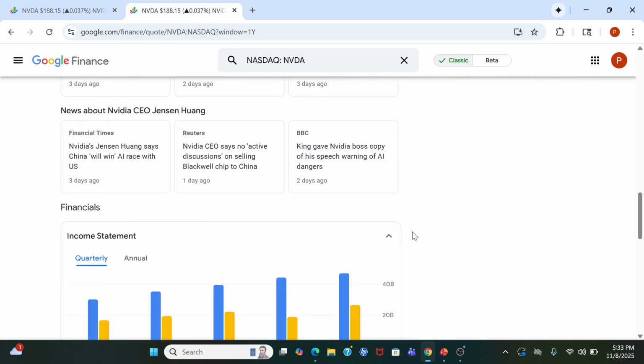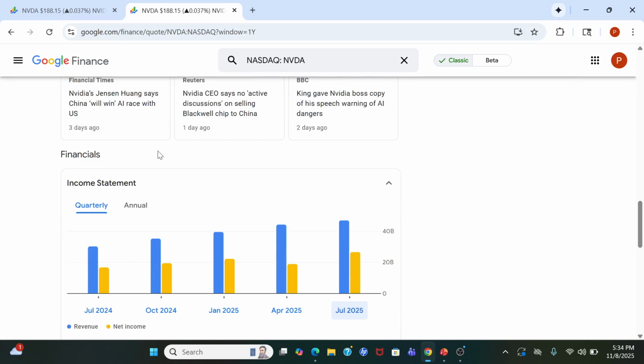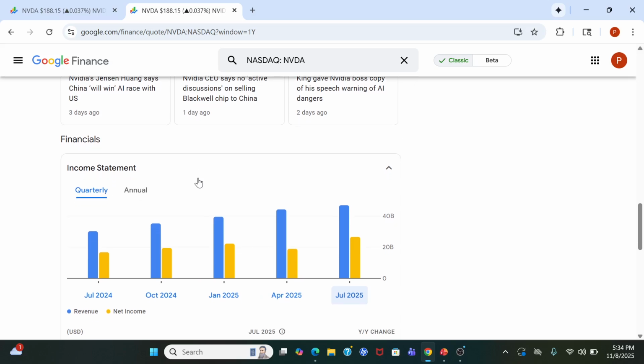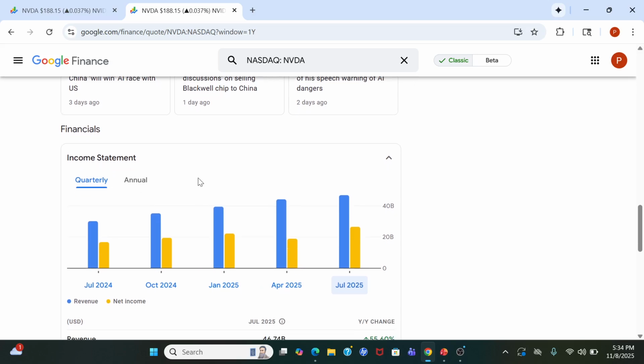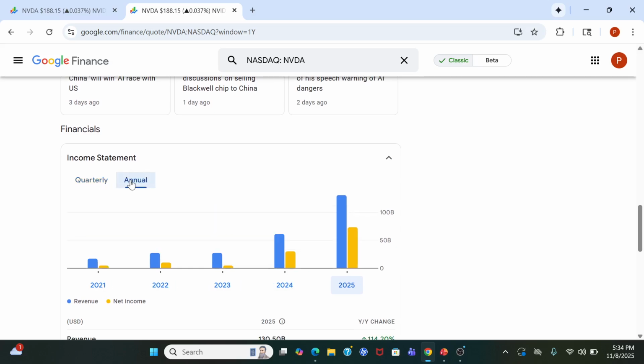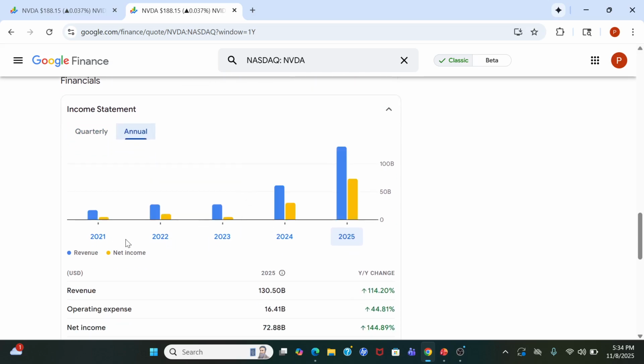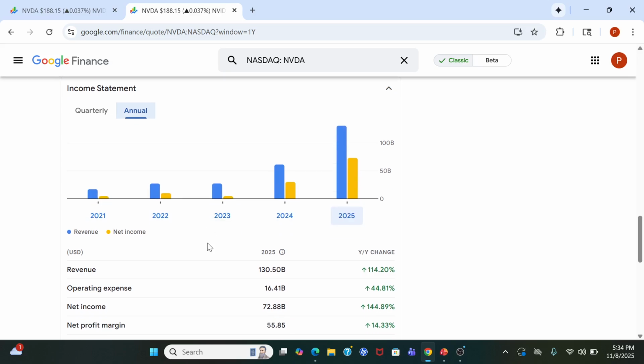Now, after you have the glance of the company, you scroll all the way down and look for the finance section. This tells you how good the company is, how strong their balance sheet is, and how strong their finances are. Let's go to the yearly view, from 2021 to 2025. As of their last earnings, Nvidia has been consistently growing. The blue represents revenue, and yellow represents net income.